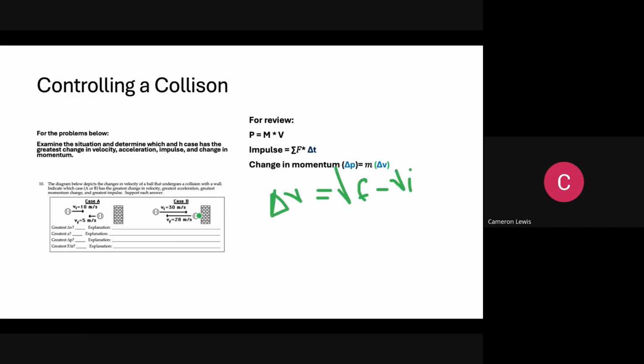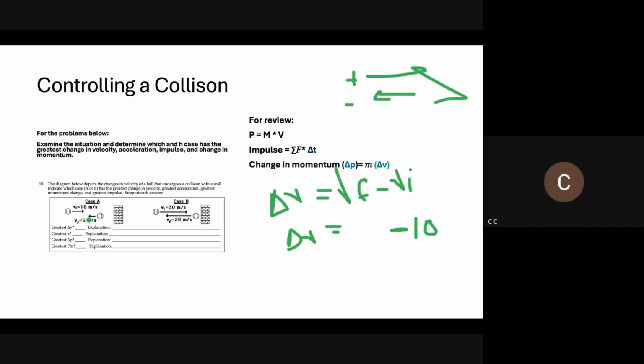Go back to the first case. We're going to assume positive is right, negative is left. My initial velocity in A is how much? Your initial velocity is positive 10. What is my final velocity?